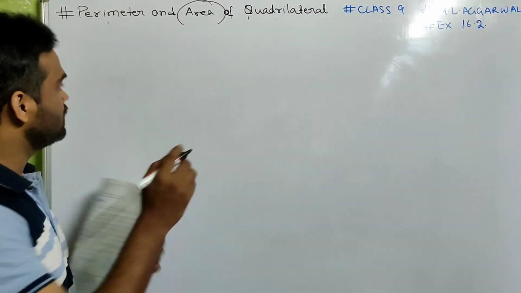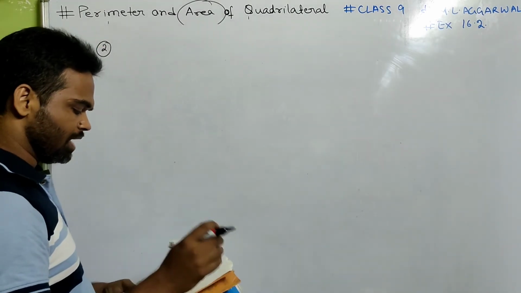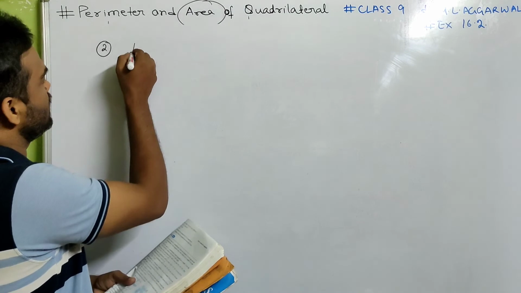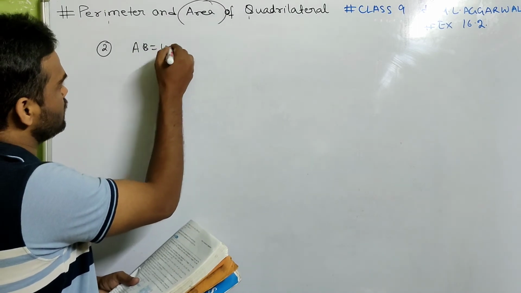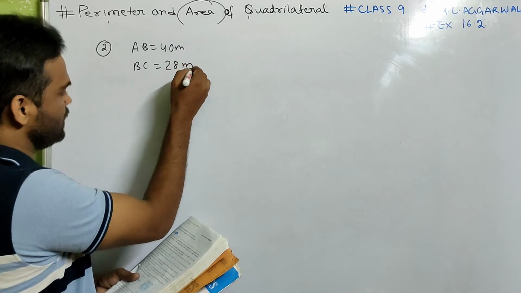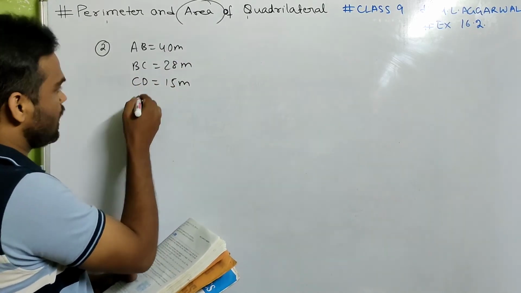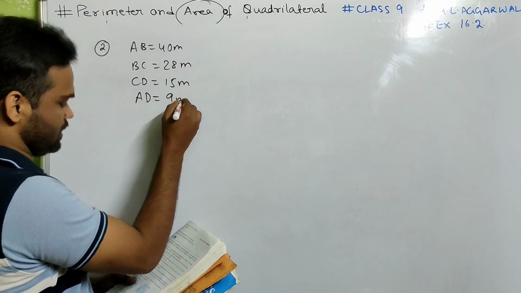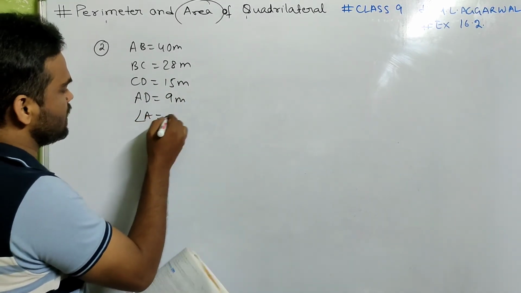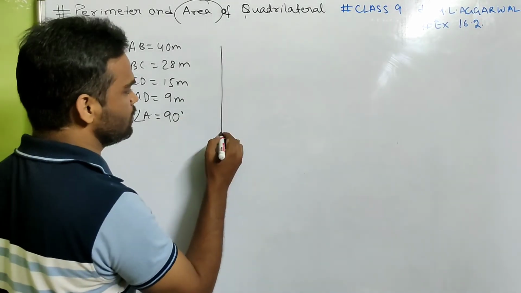Now let us look at number 2. Find the area of the quadrilateral field ABCD whose side AB is 40 meter, BC is 28 meter, CD is 15 meter and AD is 9 meter and angle A is 90 degrees. First of all, draw the figure, it will help you.